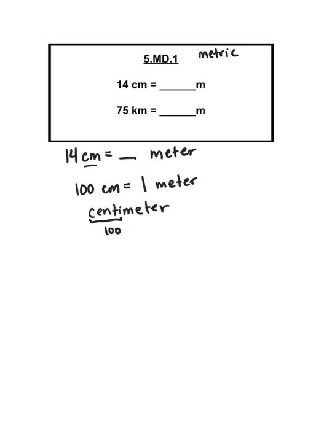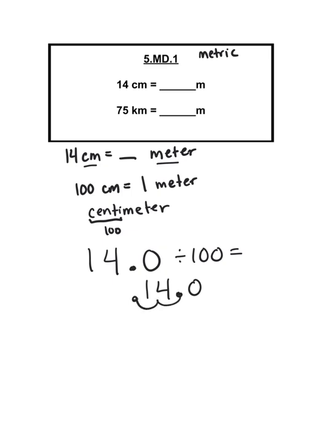Now we're moving from centimeters to meters, so that's fly to horse, divide, of course. I'm going to take my 14 centimeters and divide that by 100. So my decimal point will move over 2 spots. 14 centimeters is equivalent to 14 hundredths of a meter.